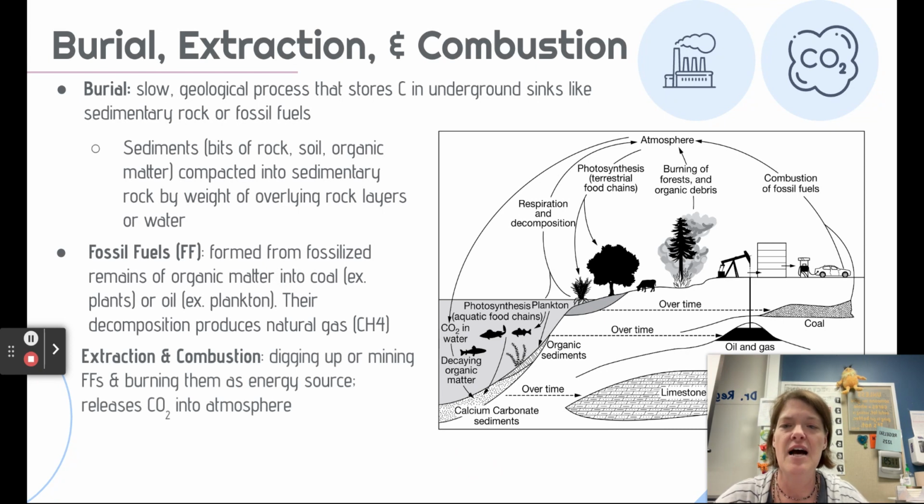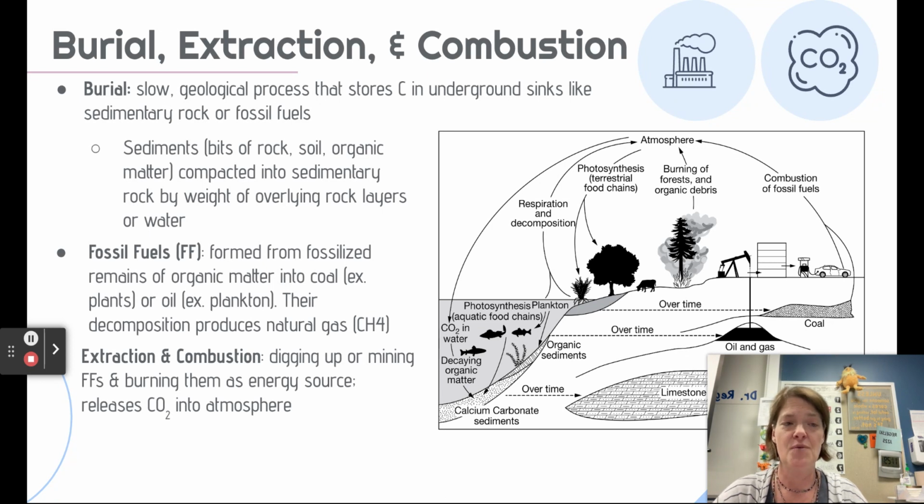And then lastly, another way that we get CO2 into the atmosphere is by extraction of these fossil fuels and also combustion. So when we dig up or mine, which is the extraction piece, we actually release carbon into the atmosphere. And also when we burn these fossil fuels, we get carbon into the atmosphere that way as well.